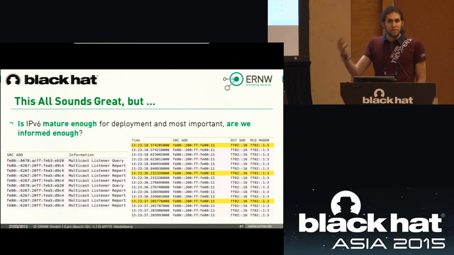This sounds all great, that we can connect everything, but how good is our knowledge about IPv6, or is your knowledge about IPv6? And we saw some packets in our infrastructure, like you can see here, and we wondered, what are these about and what is behind this protocol we are seeing here?